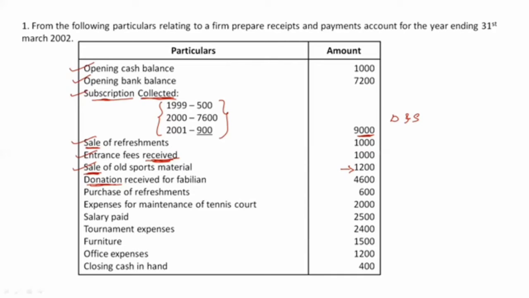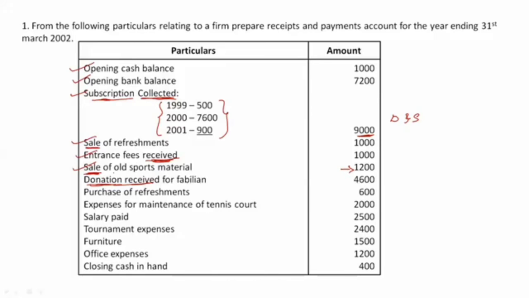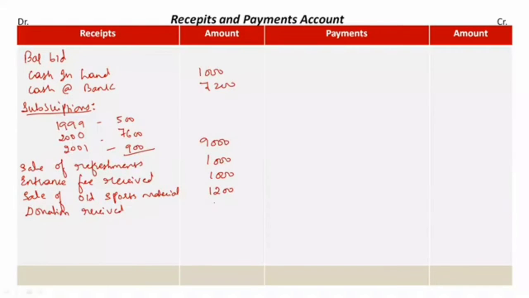And it's again clearly given, donations received. So it's my receipt. So I'll take it here. Donation received. For whatever purpose we may receive the donation here, it's my receipt. Rupees 4600. So mention it as it is, 4600.